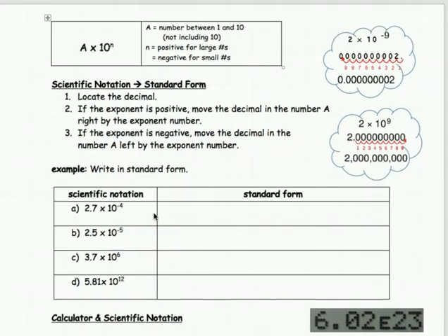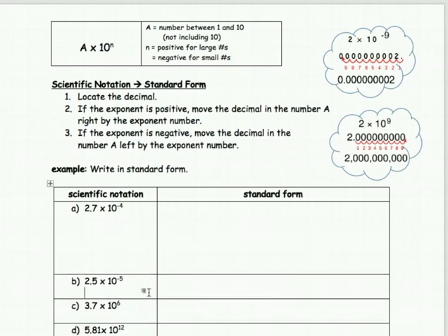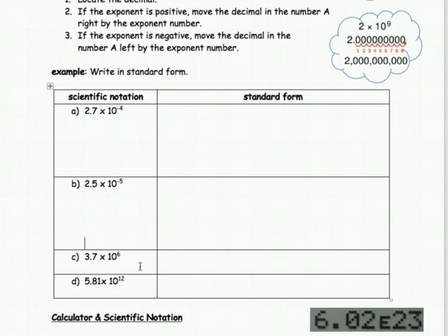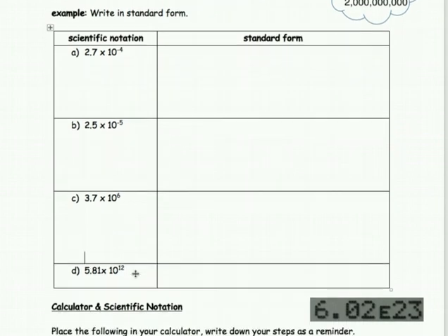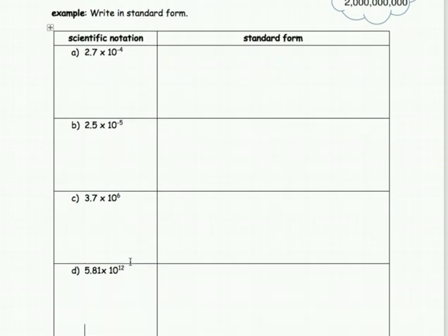Okay, so now we're moving to taking it back into standard form. I'm just going to give you some more space here so you can see what I'm doing. So we're going to move the decimal a certain way in order to get it back to standard form. For this one here, we notice that it has a -4, so it was a small number.